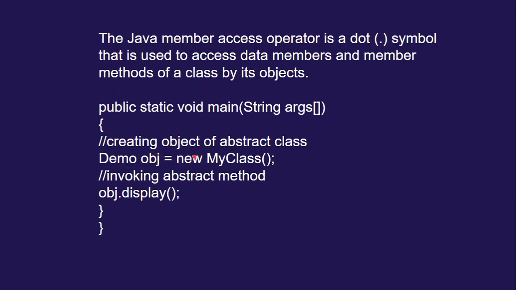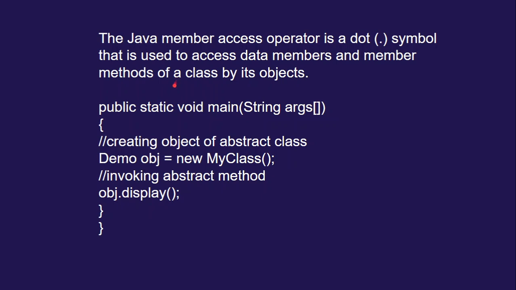New is the creating operator. It is used to create a new memory area for the class template, and then MyClass is the class name. So it is going to create a template of this kind, and then it is invoking a method, obj.display. Here obj is the object name, and display is the function name that is defined somewhere else in the program.